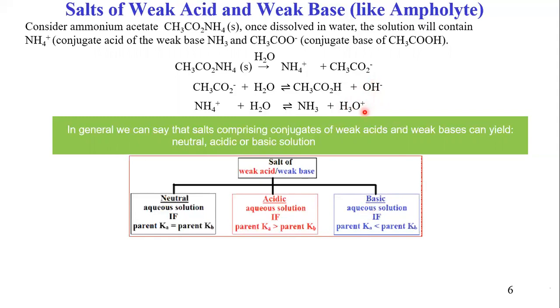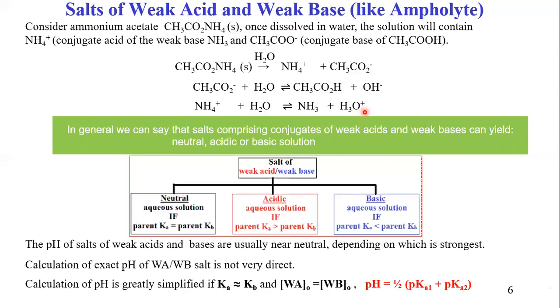Well, great. I can tell if something is acidic or basic, but what is the exact pH? To get the exact pH, you would use the equation for an ampholyte, which is pH equals half pKa1 plus pKa2. Of course, this makes a few assumptions: first of all, that the concentration of the anion and the cation is the same.